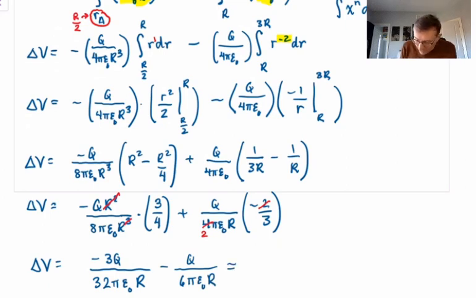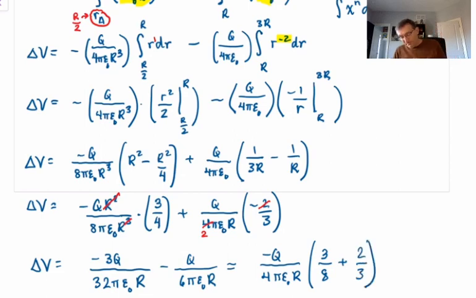And you can factor a negative q over, well, you can actually factor a 4 pi epsilon 0 r. And then you'll have 3 over 8 plus 2 over 3. I think that's right. Yep, that's right.